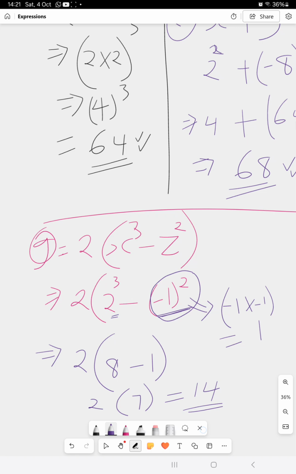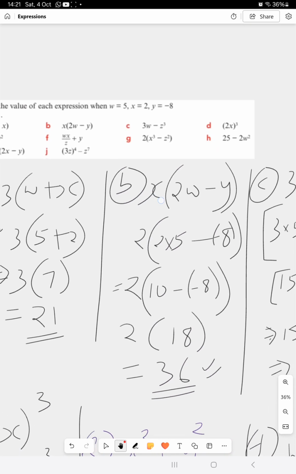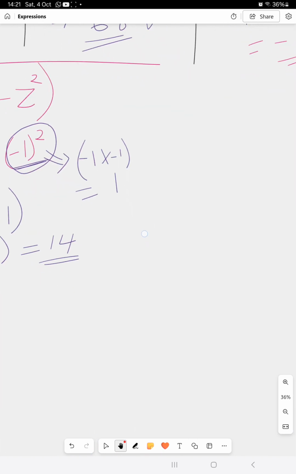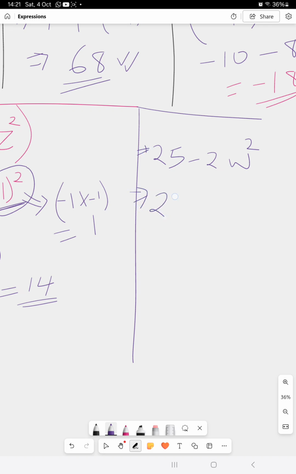Let's quickly do the other one. The other one is 25 minus 2w squared. Again, how do we solve this one? This means it is 25 minus 2 into, what is the value of w? 5 squared.